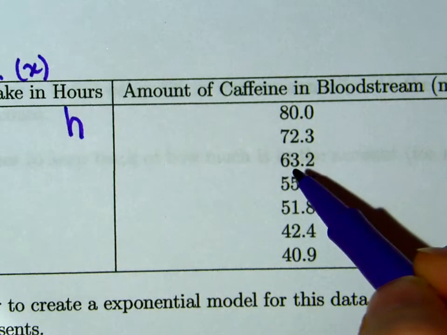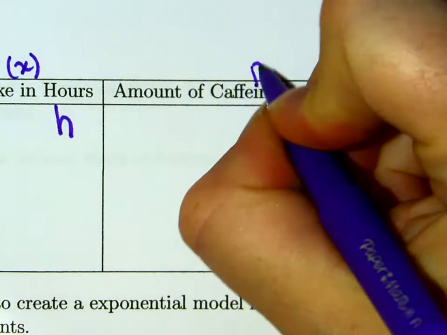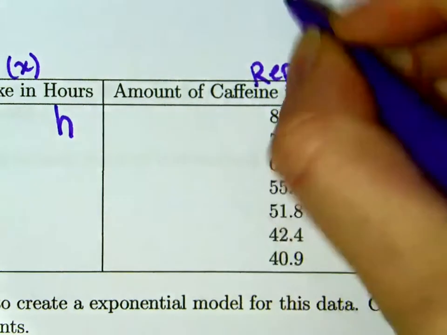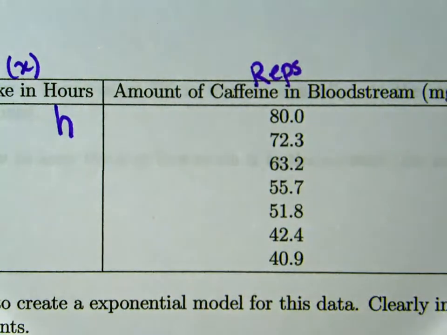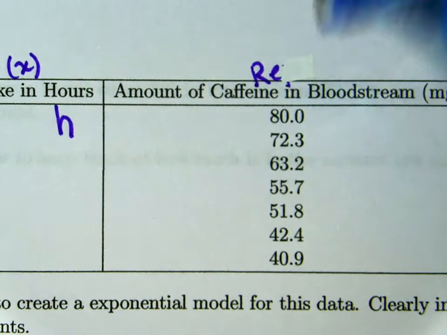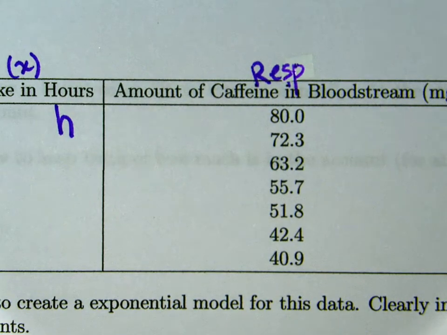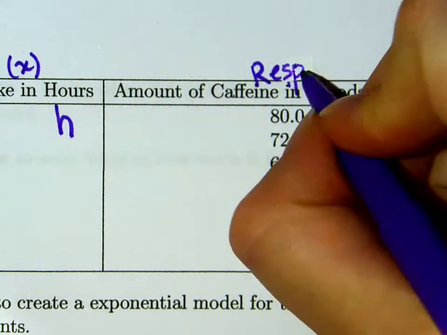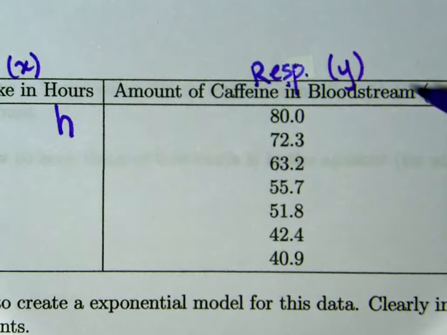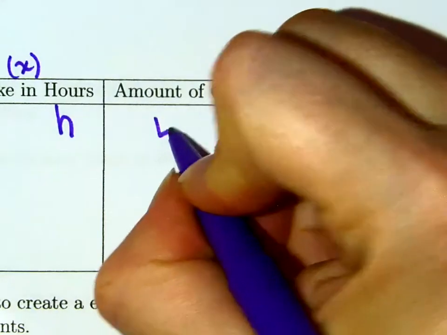And the caffeine amount in the bloodstream is our response. In the word response, the S comes before the P. Response. Got it. And that's the Y, but I'm not going to call it that. I'm going to call it C for caffeine, and I'm going to put this into L2.